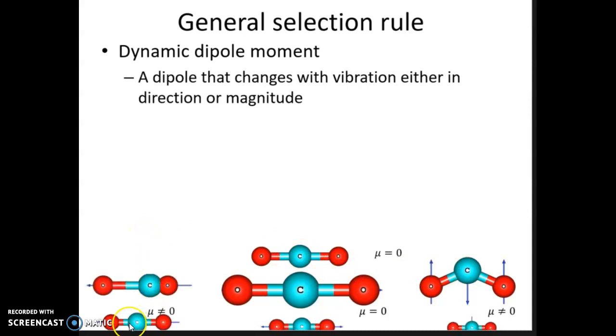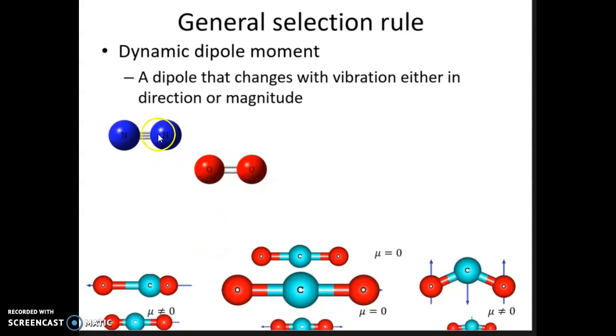We consider the asymmetric stretching as well. So that's one bond compressing and the other bond elongating. If you look at this structure, it's obvious that the dipole moment is also not 0. So this vibrational mode will be IR active.